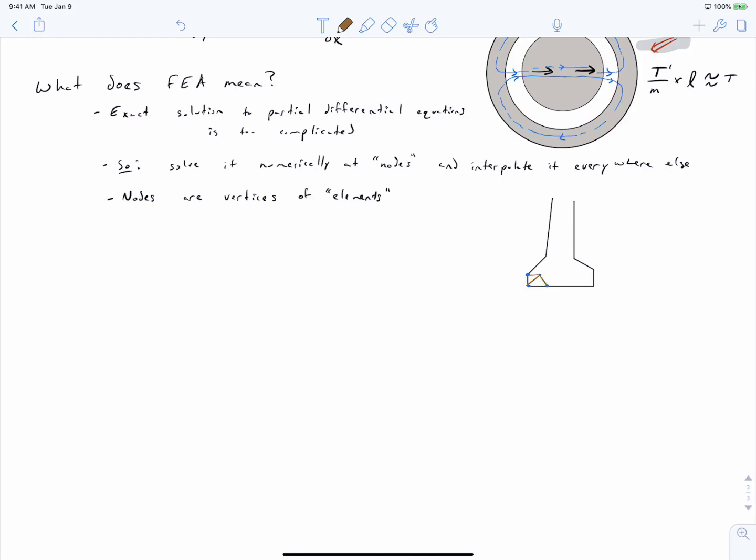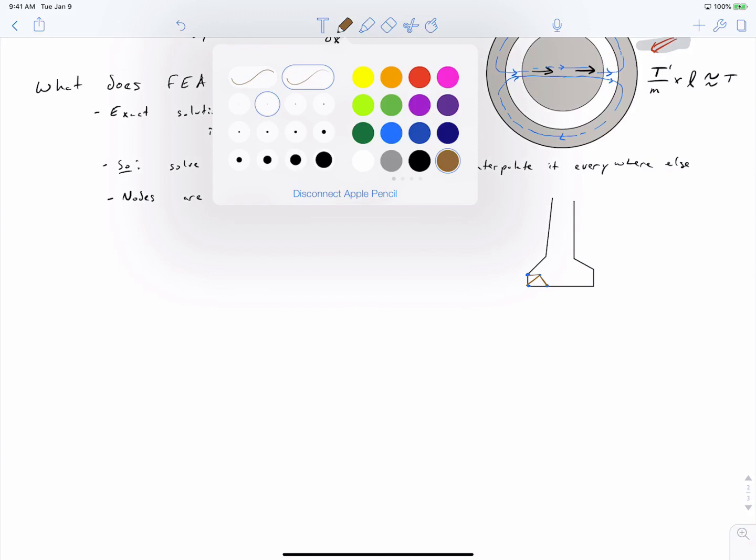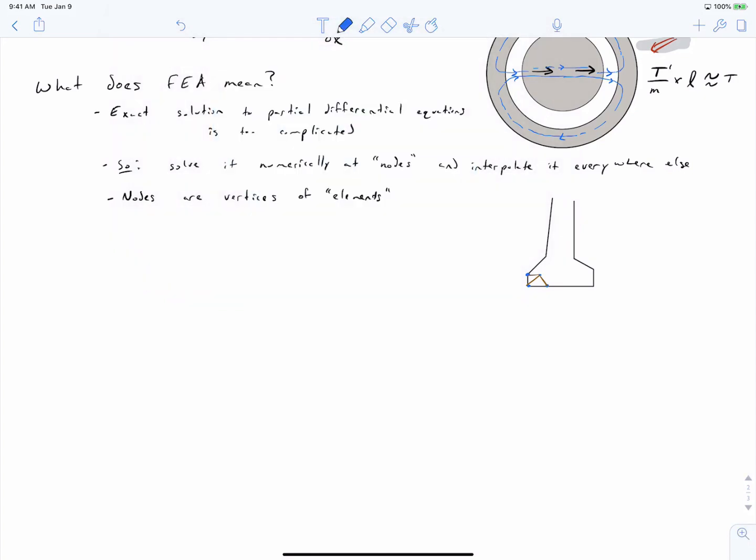And oftentimes in a 2D code, you'll have triangular elements, but you could have square elements or hexagonal elements. All of this is possible, and it's a feature that will be implemented within your tool. In some cases, you might actually be able to tell the tool what kind of elements you want, but oftentimes you're stuck with whatever the tool's mesher supports.